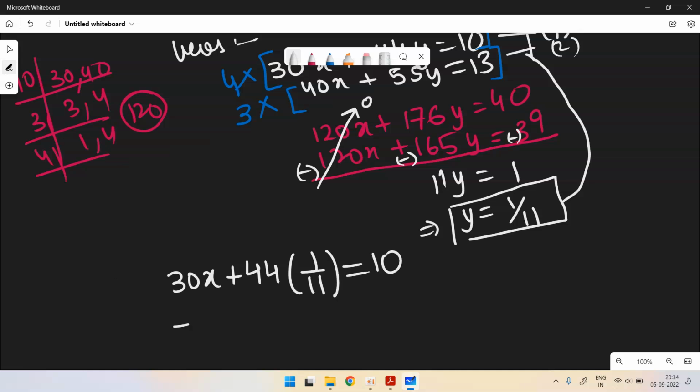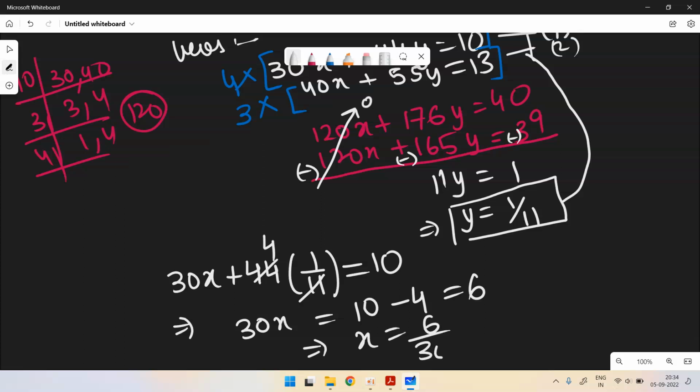So 44 divided by 11 is 4, and 30x equals 10 minus 4, which is 6. So x equals 6 by 30, which is 1 by 5. So the value of x is 1 by 5 and y is 1 by 11.